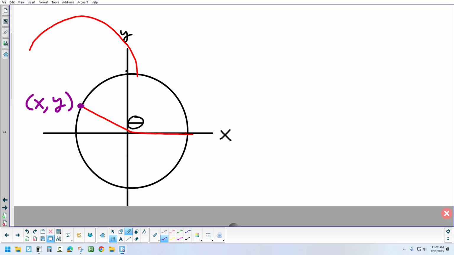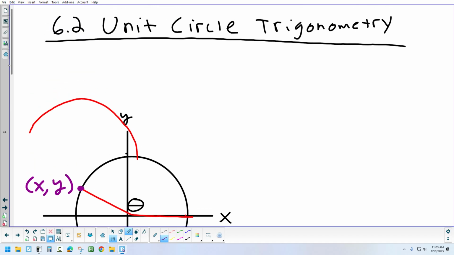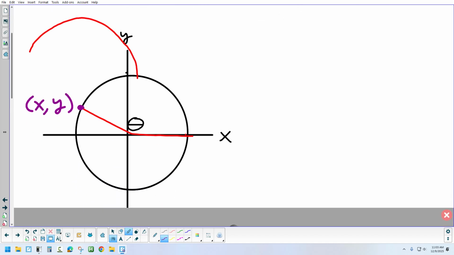If you go past 360, then you're going to start repeating. Or if you go into negative angles, those are also repeats. But every angle on this circle has a unique coordinate. We are only going to be using unit circle trig to work with angles that are multiples of 30 and 45.